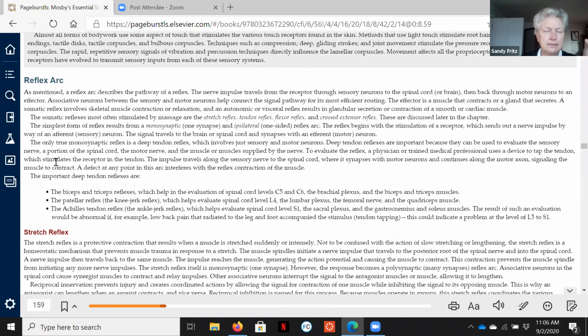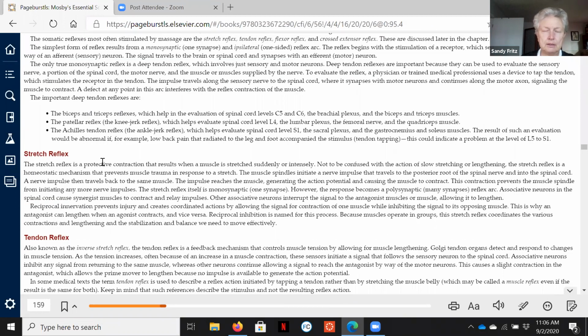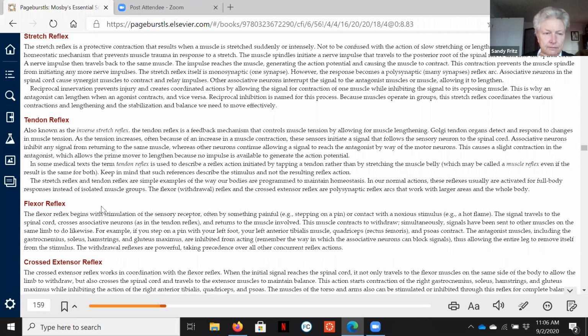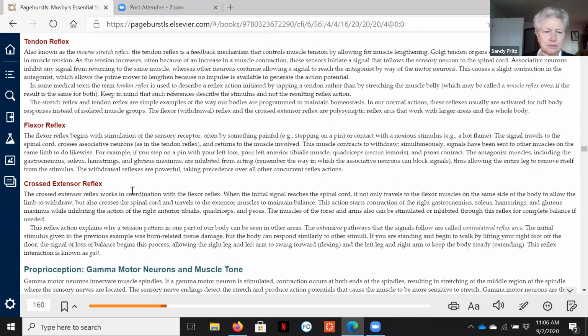And then this gives you an overview of how these reflexes actually work, from what is the stimulus and where does that go and how is it interpreted. And so especially in the somatic part of this, we have the stretch reflex and the tendon reflex and the flexor reflex and the crossed extensor reflex.